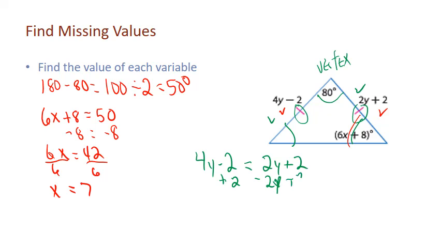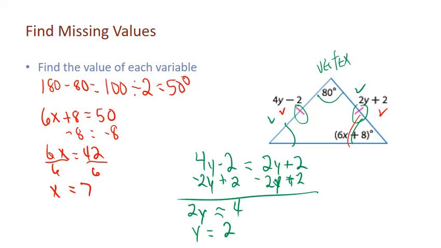Then 4y minus 2y is going to be 2y. Negative 2 plus 2 is just going to be 0. Positive 2y minus 2y is 0, and 2 plus 2 is equal to 4. Now we're going to just divide both sides by 2, and y is equal to 2.